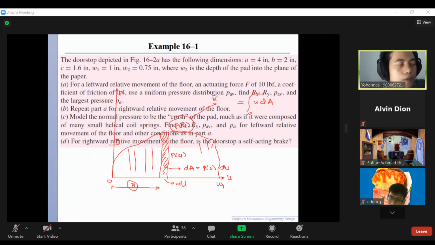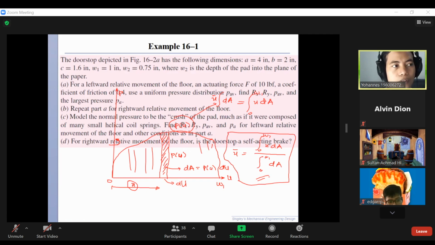So here you apply this, so that you can calculate U-bar as a function of this integration. Okay, you can check your statics course about this formula. I just explain again for you. That's how you find the location of U-bar.